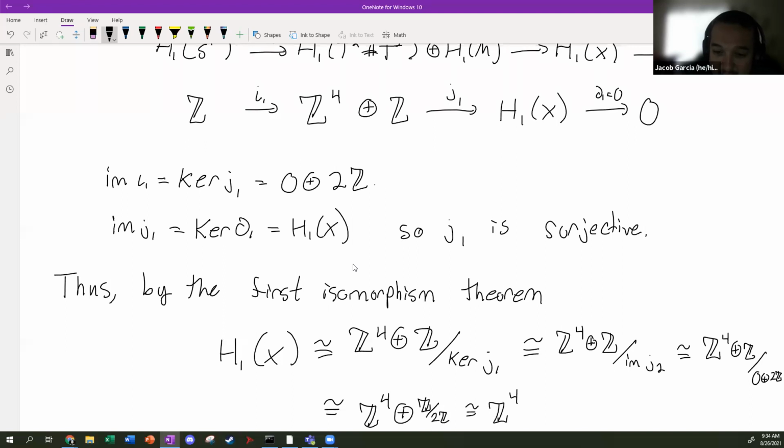Some people would write this as Z4 plus Z2, but the 4s and the 2s are in different places.